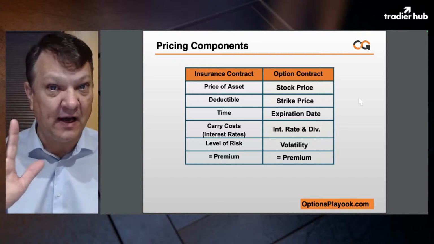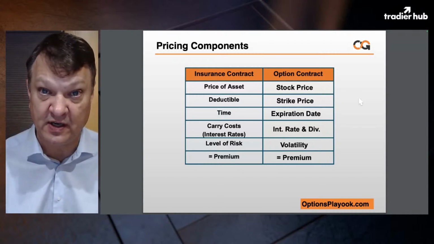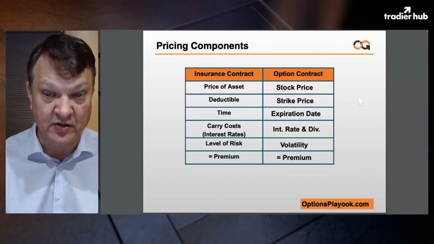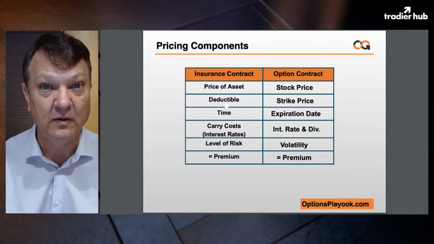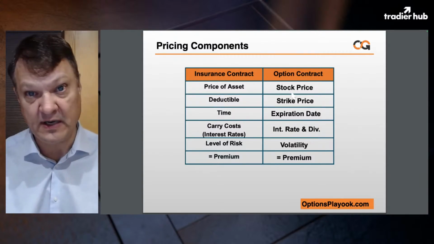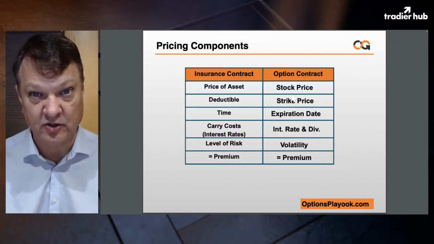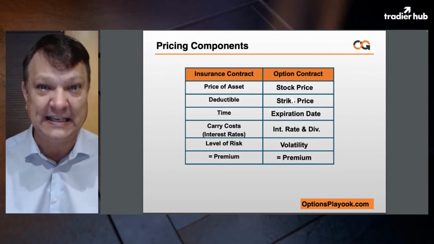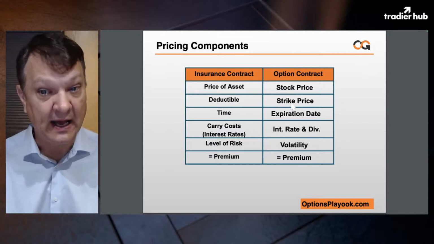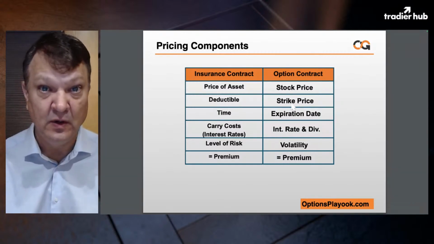That means I have $5 of risk before my insurance kicks in, my put option, my hedge, my protection. So in that instance, that's the deductible, right? From 100 down to 95, I don't have any protection. From 95 on down, I can take the stock, even if it goes down to 60, and put it to somebody. I have to pay for that, just like I do with the car insurance.